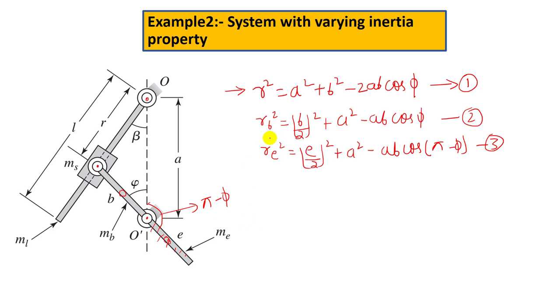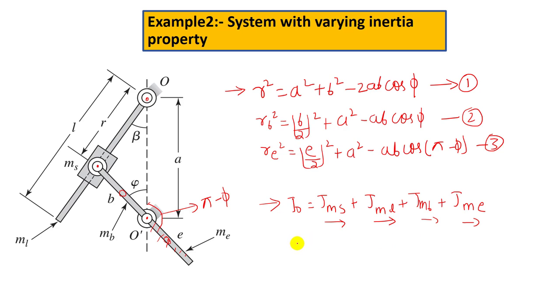Now this distance mainly represents the component-level distance a for each component. When we derive the polar moment of inertia for the whole system, it will be a summation of J of ms plus J of ml plus J of mb plus J of me. So each individual mass will contribute to the overall polar moment of inertia.